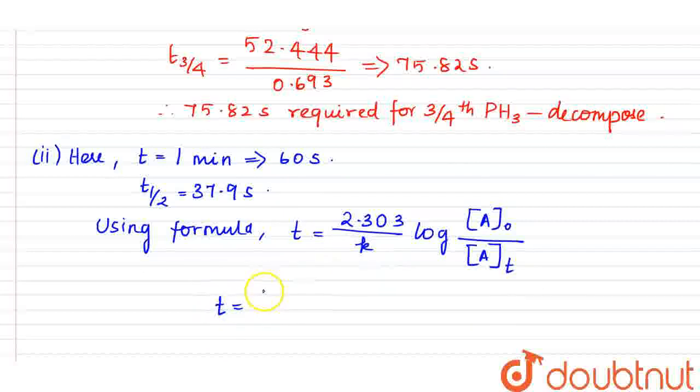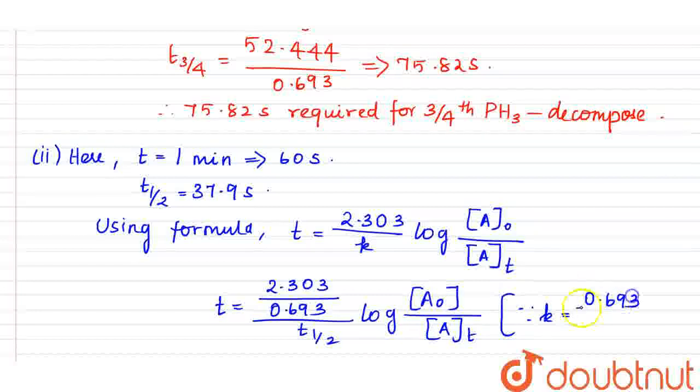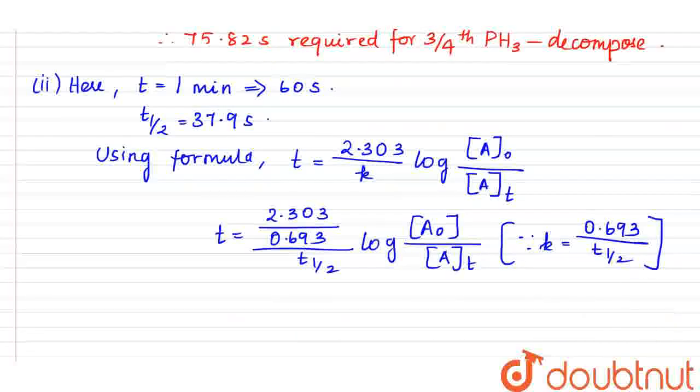T is equal to 2.303 divided by K, that is 0.693 divided by T half, log of A0 divided by AT, since we know that K is equal to 0.693 divided by T half.